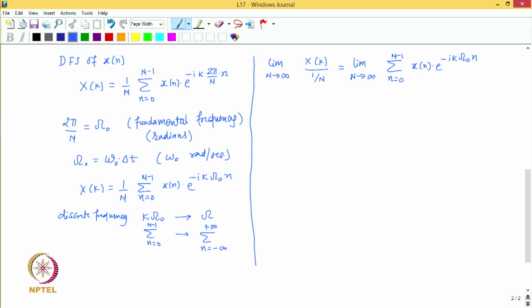So now let us take the limit. On the right hand side, let us incorporate the modifications we just discussed, and those modifications would be that the summation now proceeds from minus infinity to plus infinity.